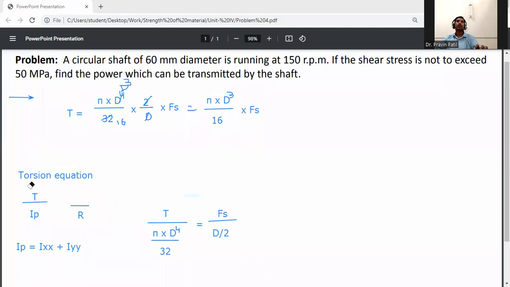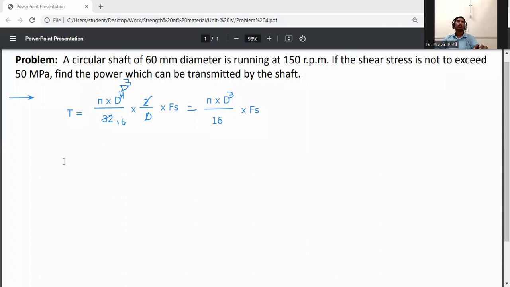Put all these values in this equation. So we will get the torque value is equal to pi into 60 raised to 3 divided by 16, into Fs, which is 50 MPa.